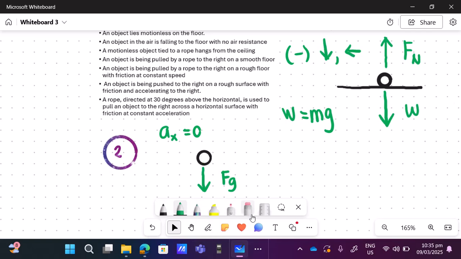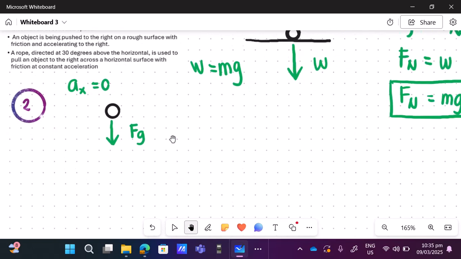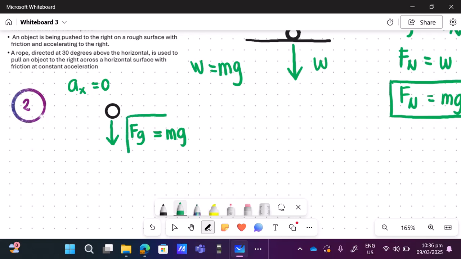So, what we're going to do here is to get the net force or summation of forces. So, let's try to find out how we relate the magnitude of the force due to gravity to the characteristics of the object. So we know that this object has mass. So F sub G is equal to the mass times the acceleration due to gravity. And that's for number 2.